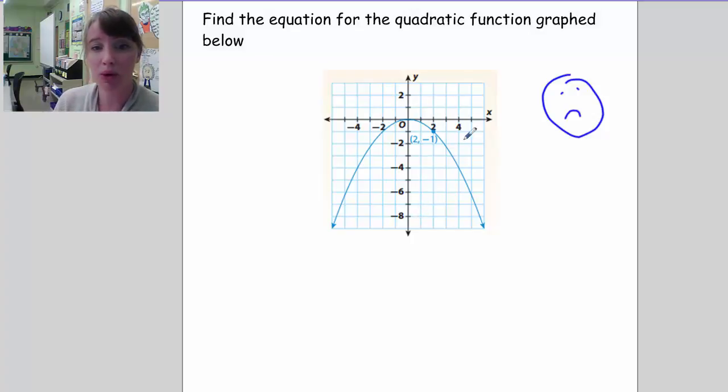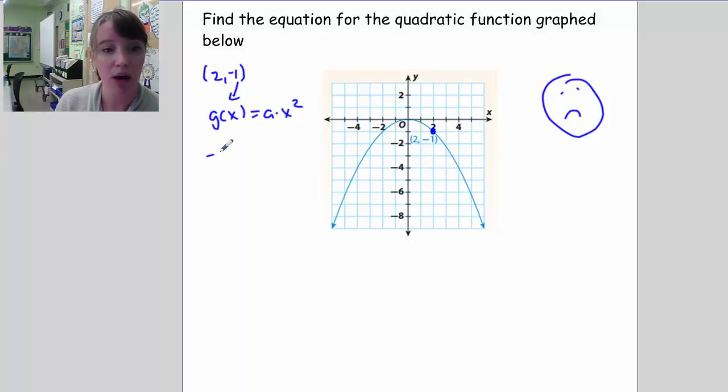Now, in order to figure out what a is, we can take a point that's on the graph, right here, which is (2, -1), and we can put that into our formula. So let's say we're looking at g of x is equal to some value a times x squared. Well, here I can put this in for g of x, so we know that the y value is -1 when the x value is 2, so -1 equals a times 2 squared, and we can just solve for a.